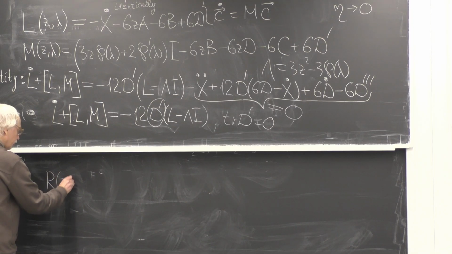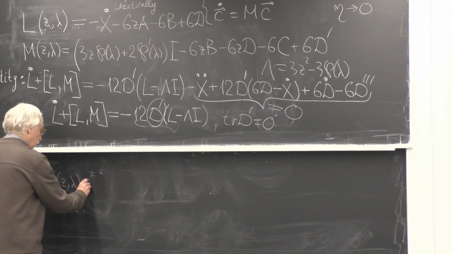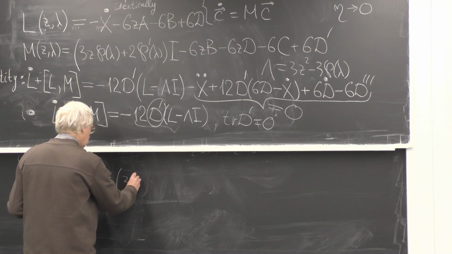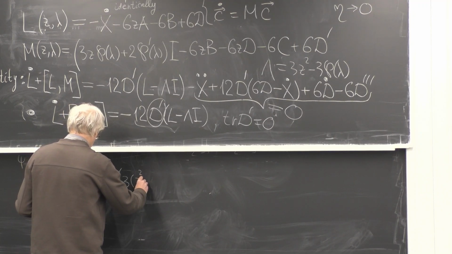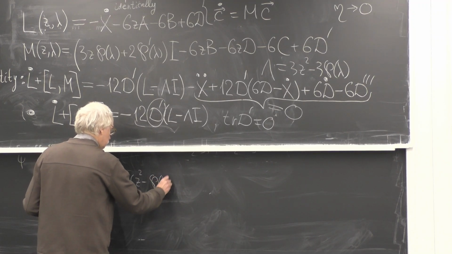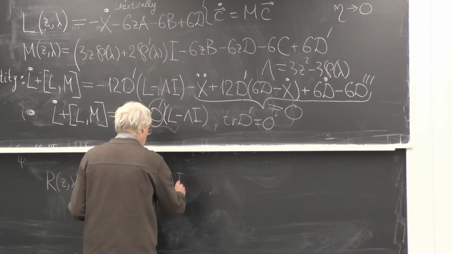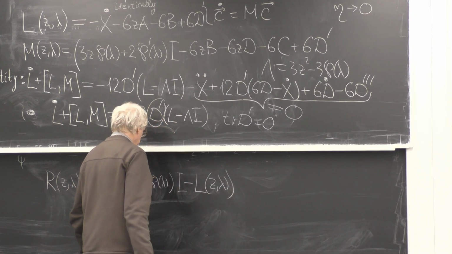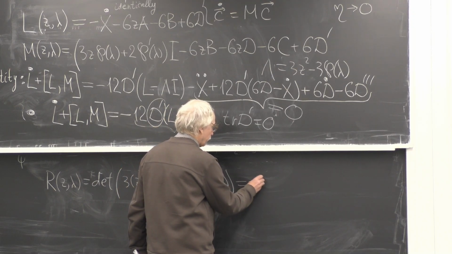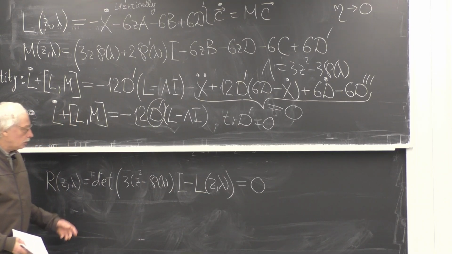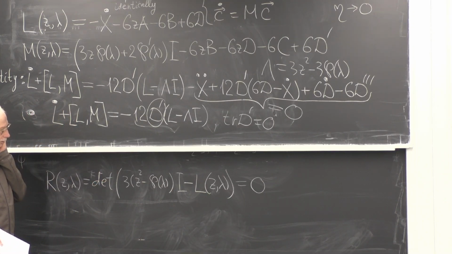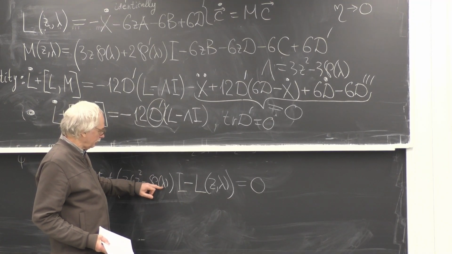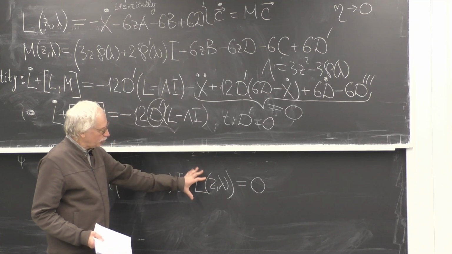And the conclusion is that this characteristic determinant is an integral of motion, and the equation of the spectral curve is the curve consisting of such pairs z, lambda for which this determinant vanishes.